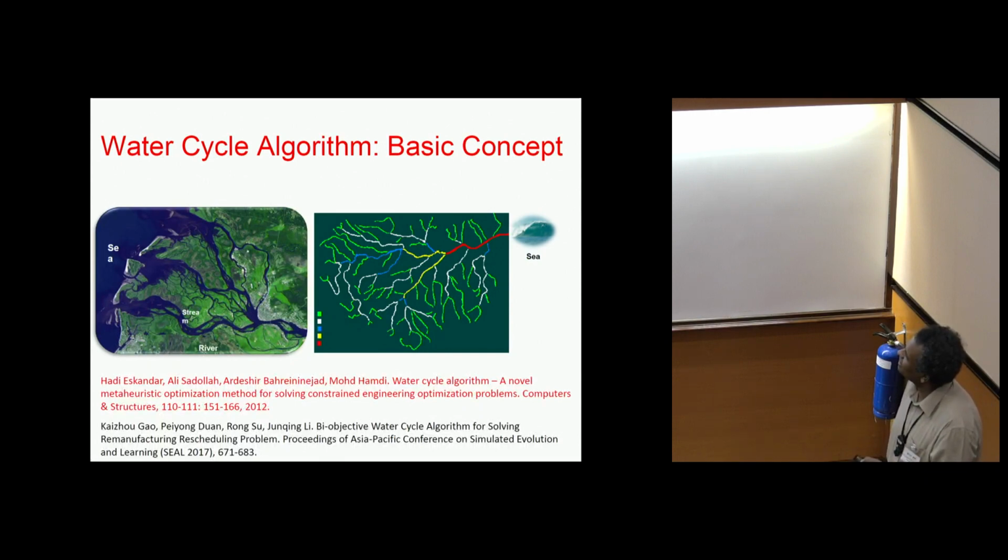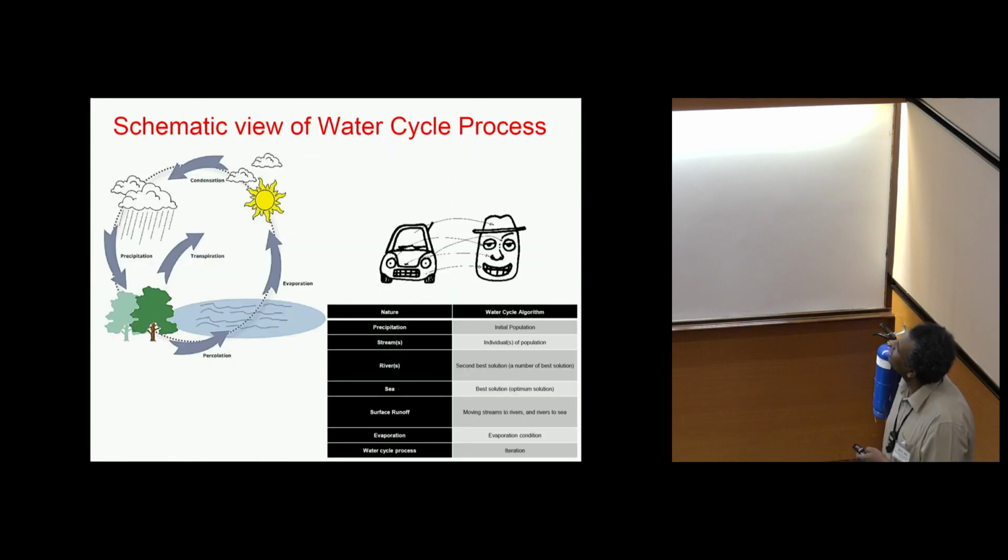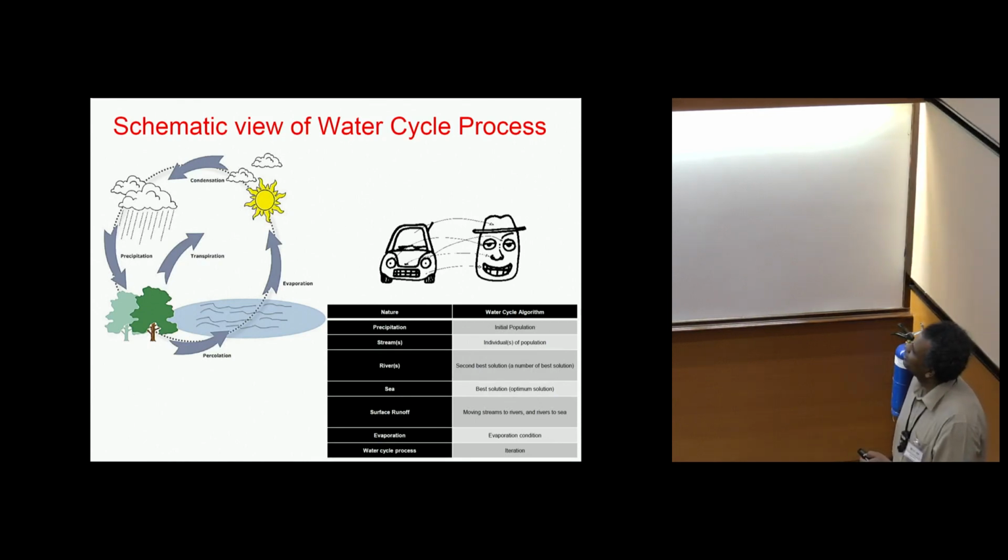This is the publisher, Computers and Structures. Is it a good journal? I am not too sure. Anyway, this is the analogy, water cycle. Then they have all these words: precipitation, streams, rivers, sea, surface.